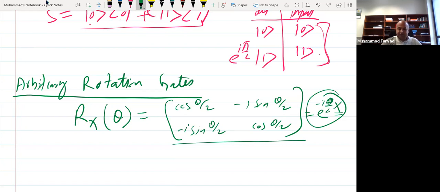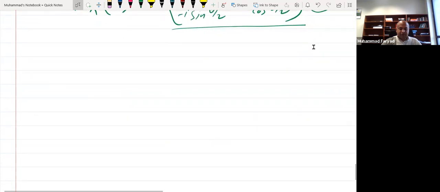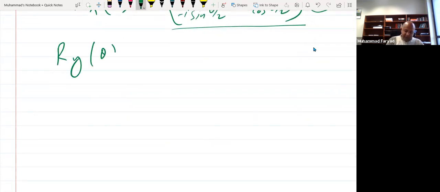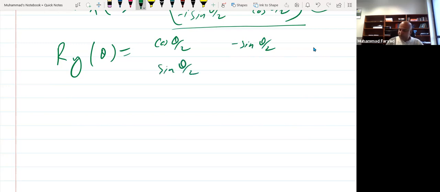Similarly, we can have a gate for rotation around y-axis by some angle theta, and this is given by cos theta by 2, minus sine theta by 2, sine theta by 2, cos theta by 2. And similarly, this comes from exponential minus iota theta by 2 into Y, exponentiating the Y gate.